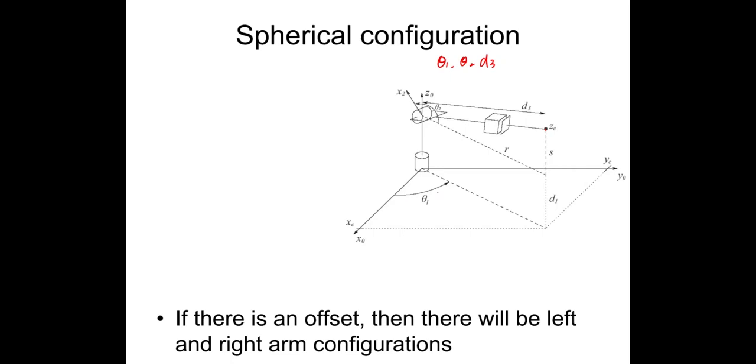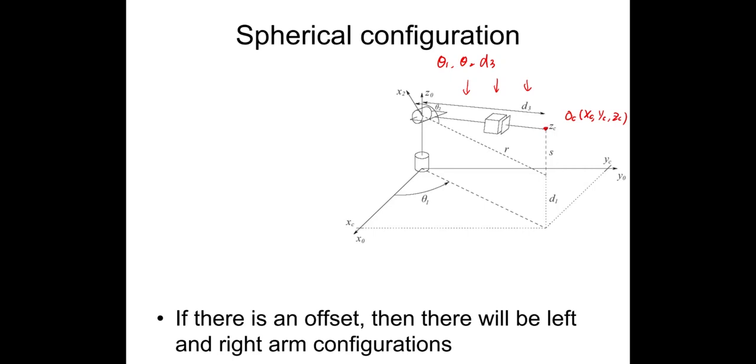To calculate theta 1, we need to take a look at the top view, and it seems the theta 1 is the same as in the RRR configuration. Here we have theta 1, and this is the spherical wrist center, OC, which has coordinates XC, YC, and ZC.